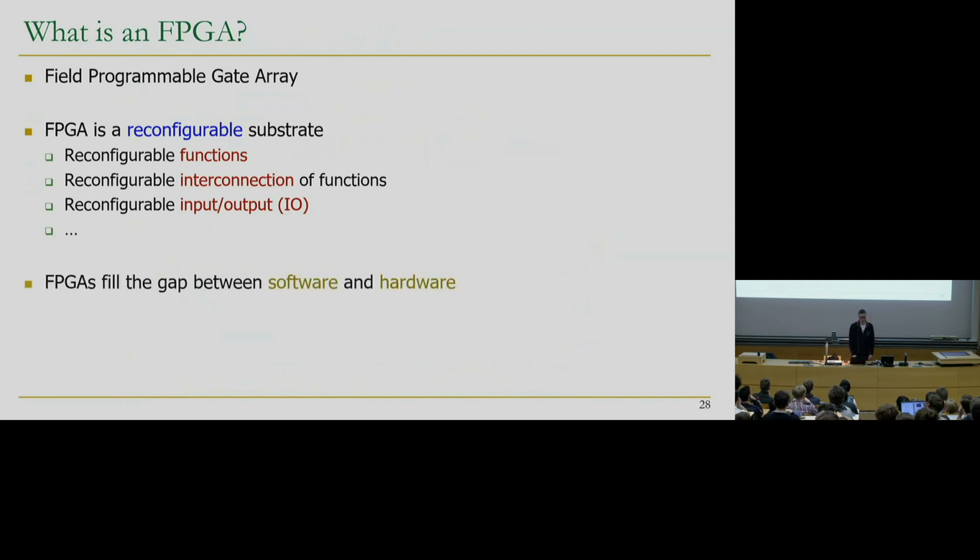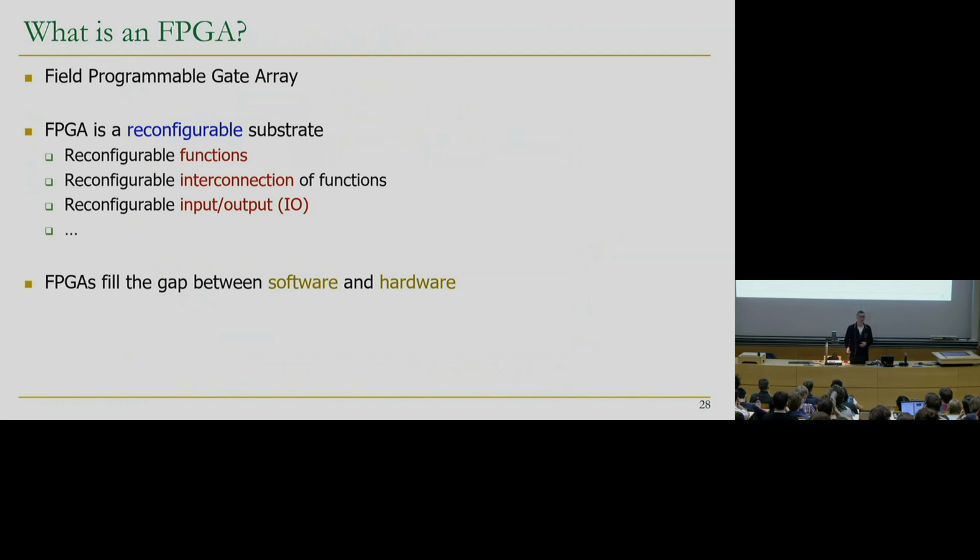FPGAs basically fill the gap between software and hardware because they are more flexible than processors, but they also can be modified to some extent. You can potentially use FPGAs in places where you want to interface some custom devices, right? For example, you can have a device that you cannot directly plug into your processor because it has a fixed set of inputs and a fixed set of devices it can interface.